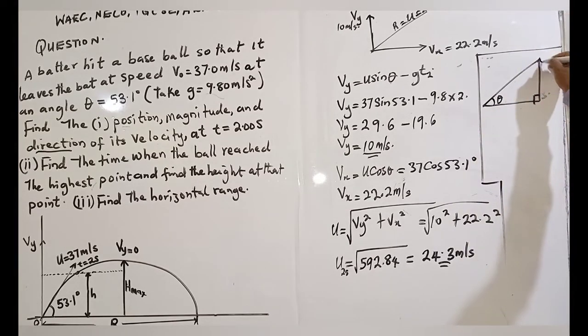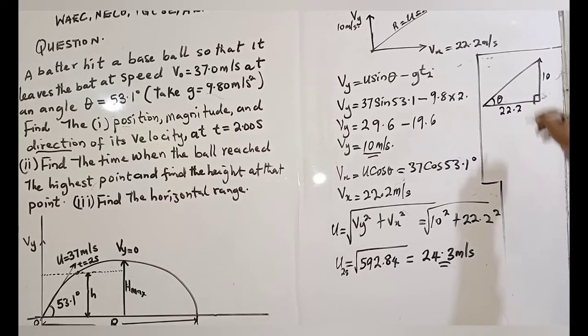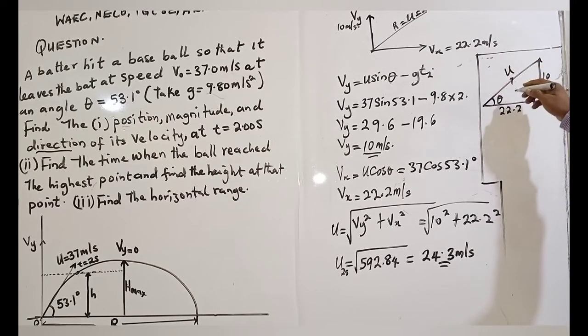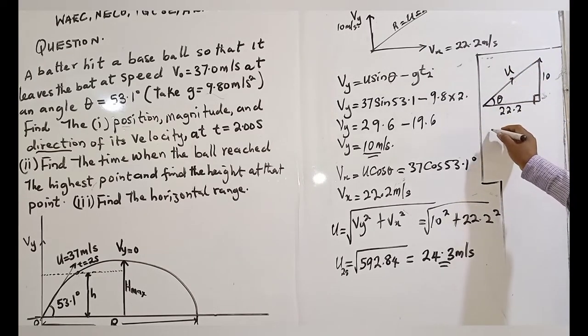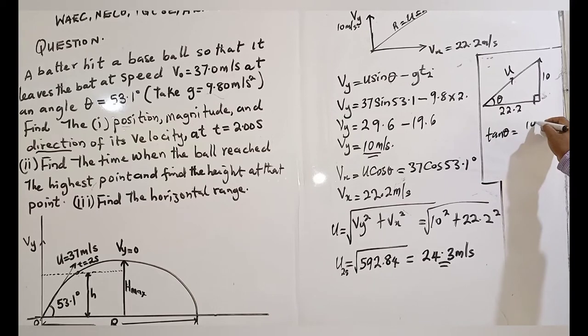The vertical component is 10 meters per second, and the horizontal component is 22.2. So the direction of this u with the horizontal is going to be opposite over adjacent. Tan theta is going to be opposite, 10, over adjacent, which is 22.2.